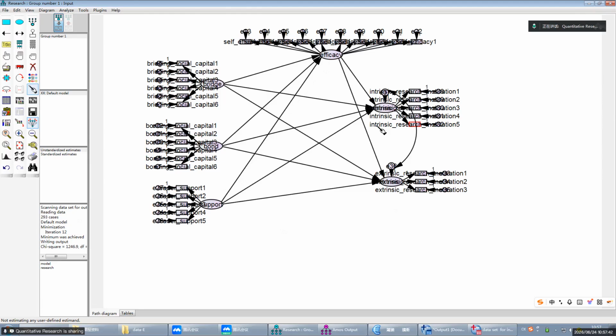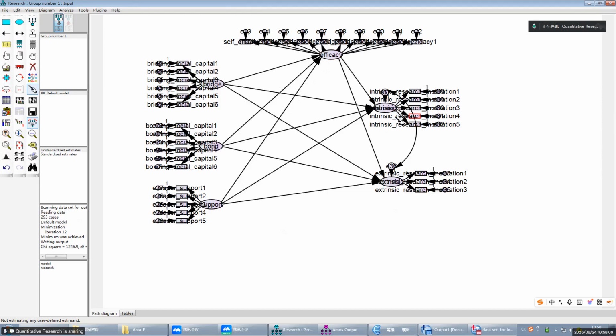This is one mediation path, right? This is a second mediation path. This is the third one. This is the fourth one. This is the fifth one. This is the sixth one. So altogether, we have 6 mediation paths.